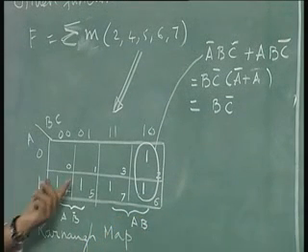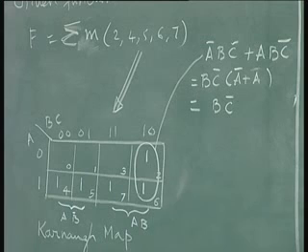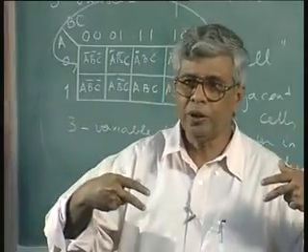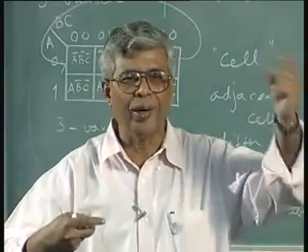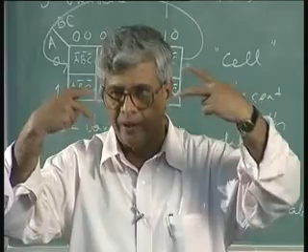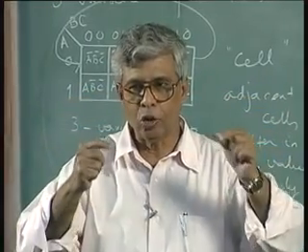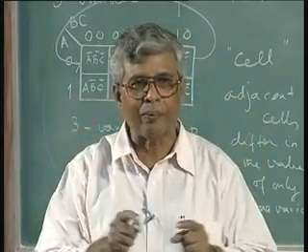But again, these two cells and these two cells are adjacent. Here it is B bar, here it is B, A remains constant throughout. So instead of doing it in 2 steps, instead of each time grouping 2 ones and then combining them again in one more step, I can group 4 ones at the same time.